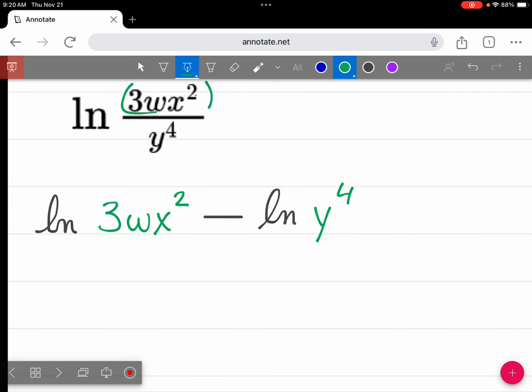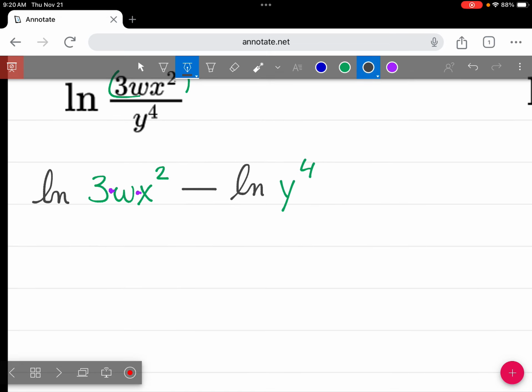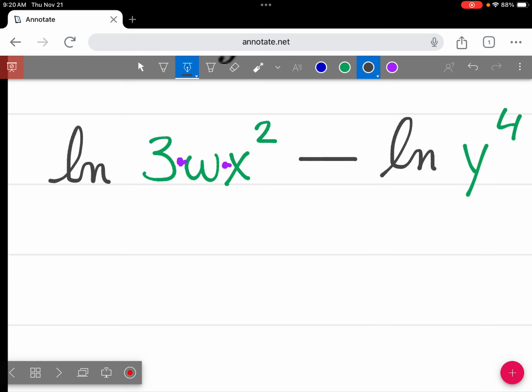Then what are we going to do? Yeah, our multiplication in here becomes addition. I have two multiplications in there. So this is going to become kind of long.